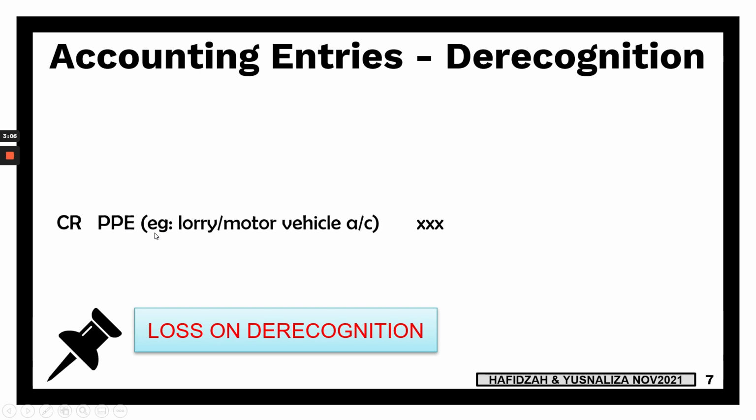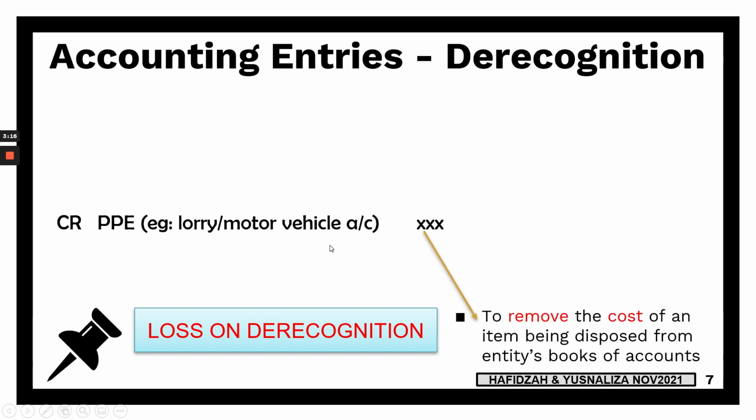The first one is to remove the PPE account that is being derecognized. So if you remove the motor vehicle, it will be credited, to remove the cost of the item being disposed of from the entity's books. Secondly, we remove the accumulated depreciation.